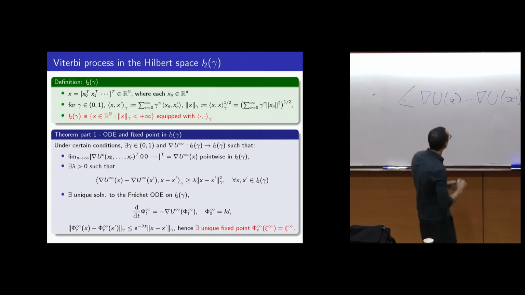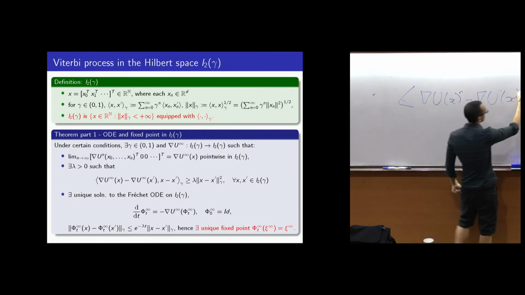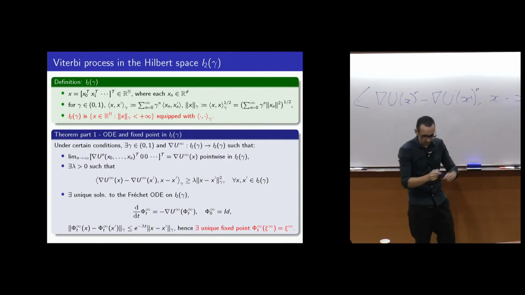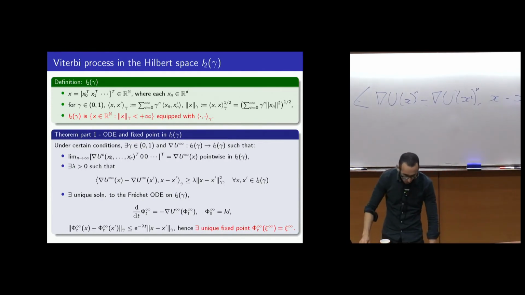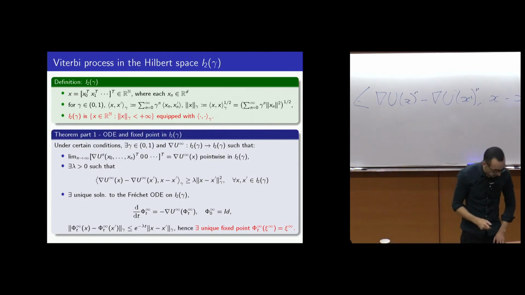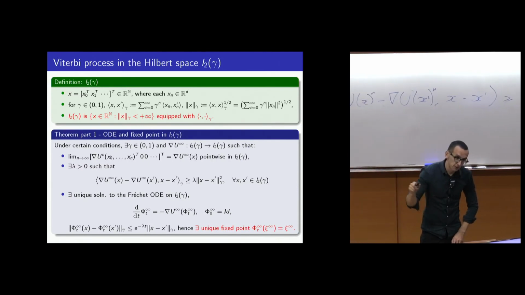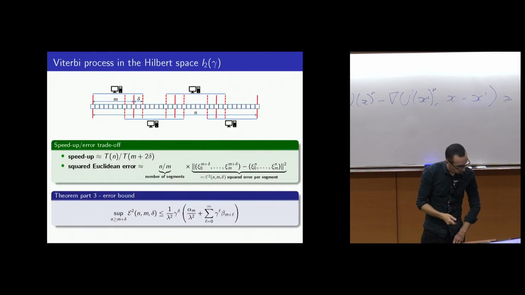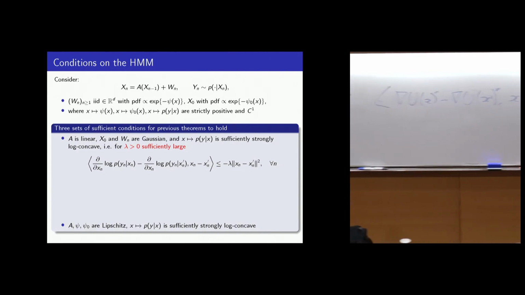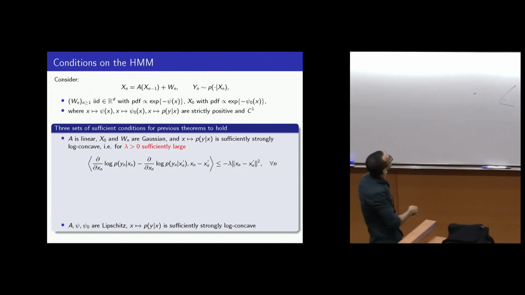So I need this, and something a little bit more. And what is that something a little bit more? It's the thing that allows me to work in this gamma norm, and it's to do with the correlation structure or the strength of dependence in the HMM over time.